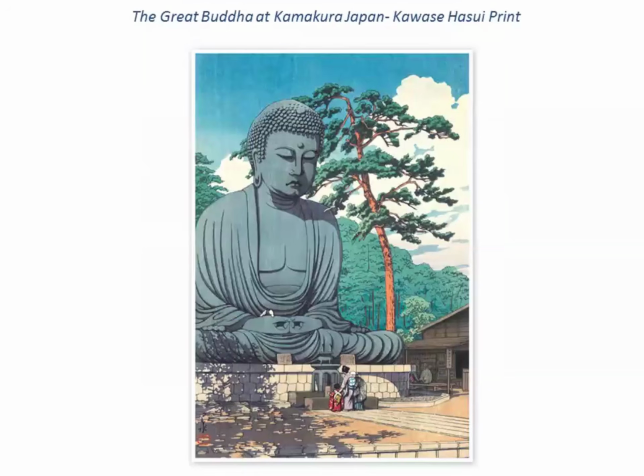A couple of slides ago, we looked at the cherry blossom, beautiful prints. This is another beautiful print. A number of these prints were made in the 17th and 18th century. This is a 20th century print. But it gives us an idea of the scale of this wonderful Buddha.